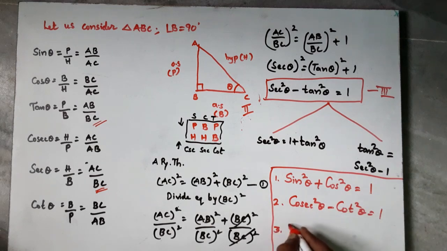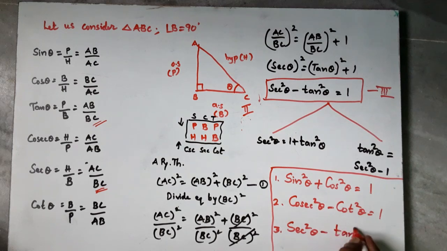Third one, sec square theta minus tan square theta is equal to 1. These are the 3 trigonometric identities we are going to use for the forthcoming exercise problems.